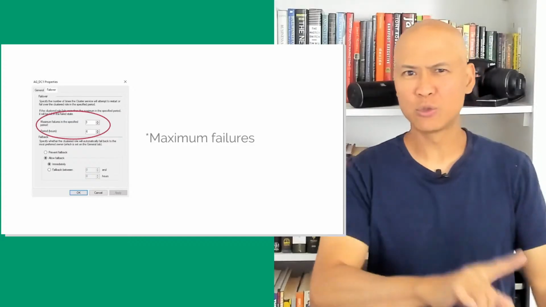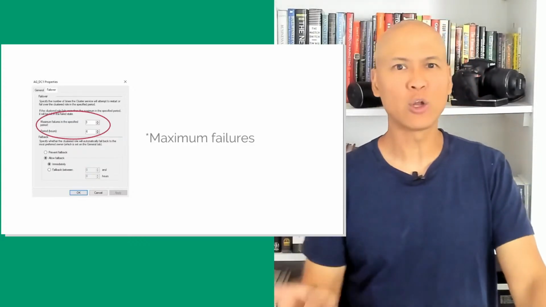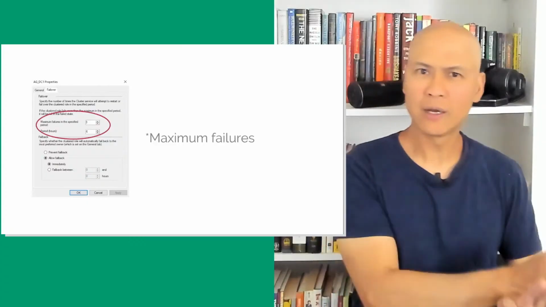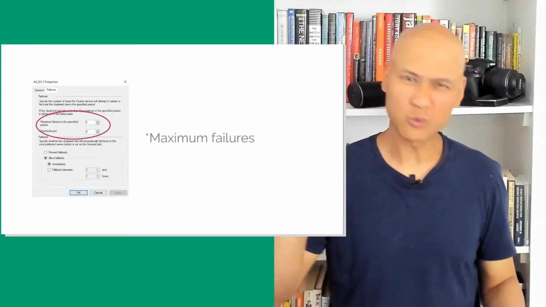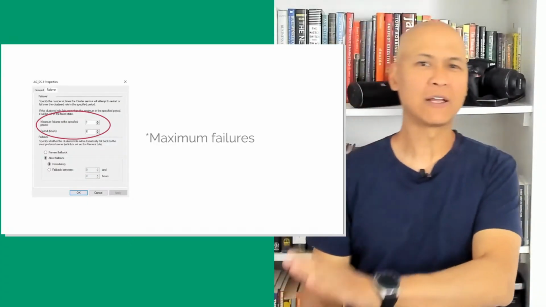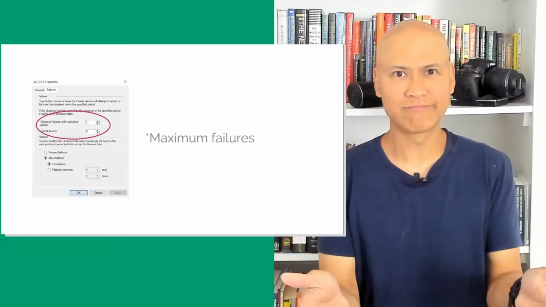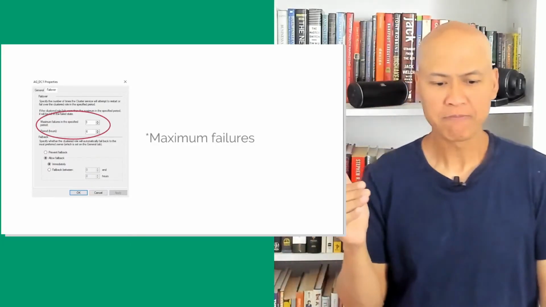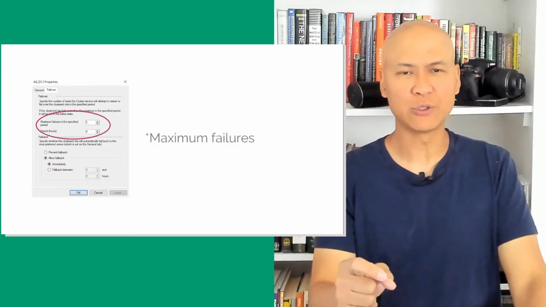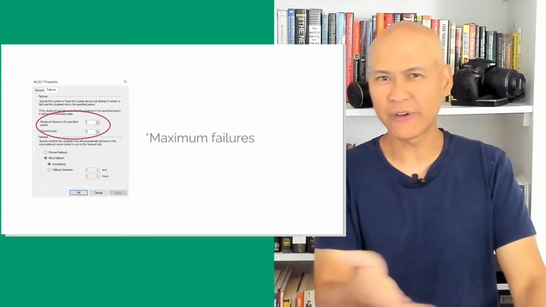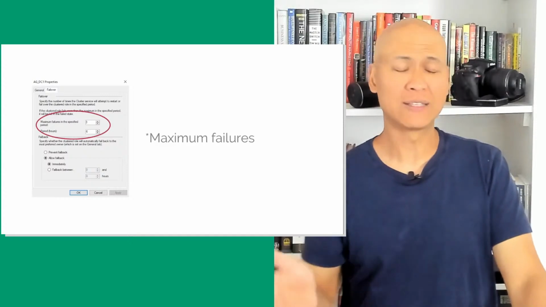The last thing you want is for the cluster to do what I call a ping pong failover, where something was wrong with server 1, the cluster moved it to server 2, something was wrong with server 2, failed it over, failed it back to server 1, and that's even worse. It's tempting to bump up the value to higher than the default, just so the failover cluster can do what it's supposed to do.